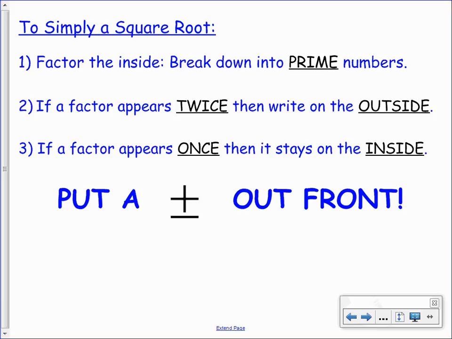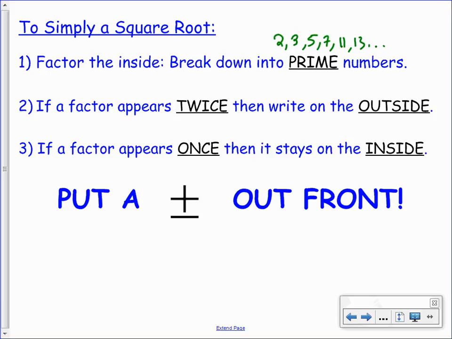Well, 1 can't count because 1 is itself. So the prime numbers are 2, 3, 5, 7, 11, 13, and so on. Basically, you can't factor it into anything but 1 and itself. Those are the prime numbers.